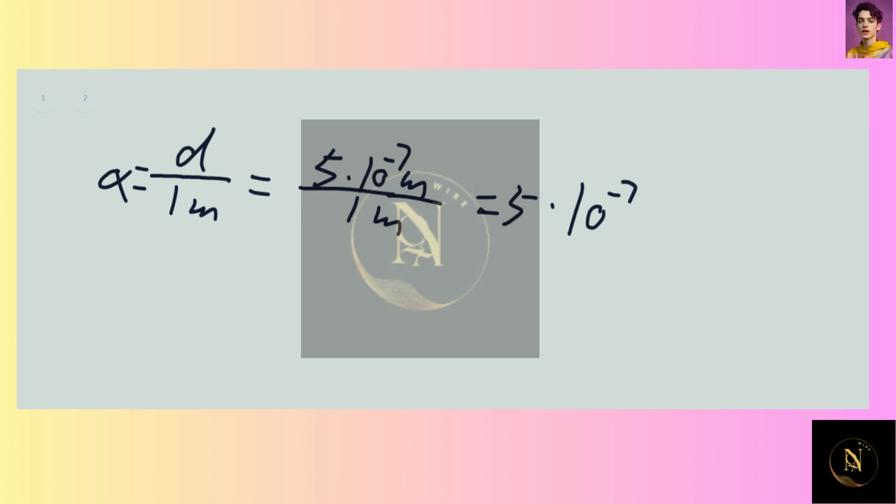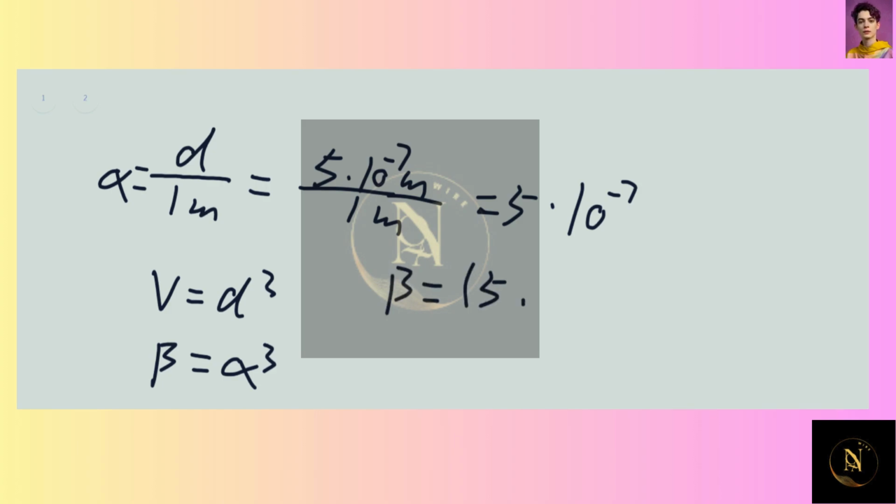We know the volume of the window is V, equal to d cubed. If we say the factor of the decreasing volume is beta, it's simply equal to alpha cubed. So beta is equal to 5 times 10 to the negative 7, to the power of 3 since it's a cube.